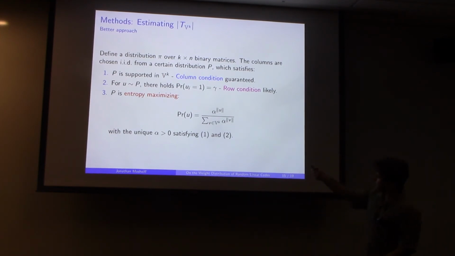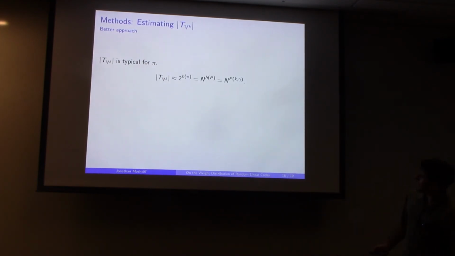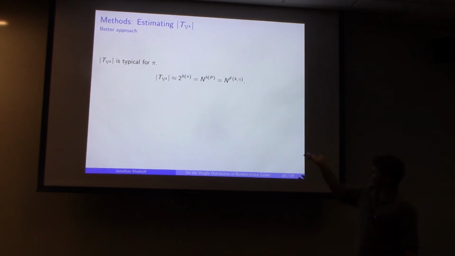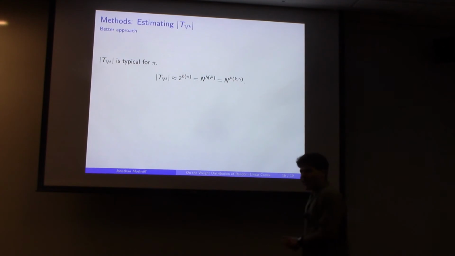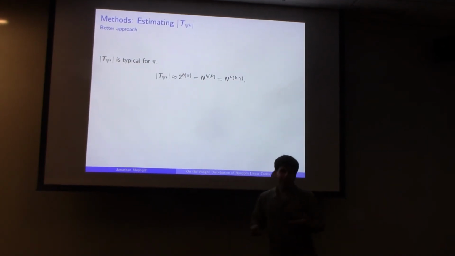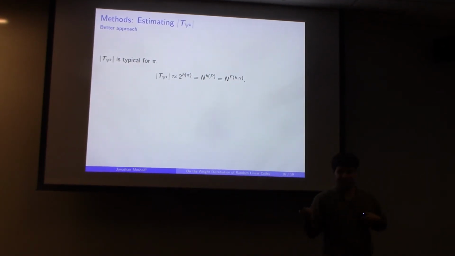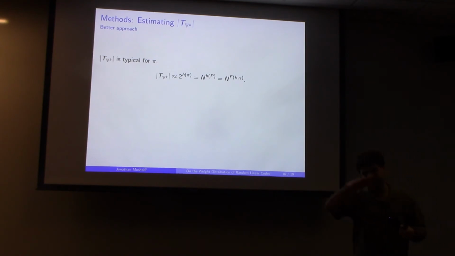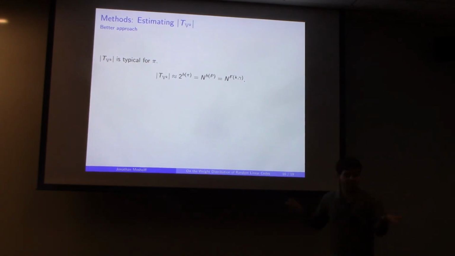Okay, so you take this distribution, and the nice thing about it is that our set of matrices that we're trying to hit, those that have weights gamma in each row, are kind of likely. So it's a pretty typical set for our distribution on matrices.